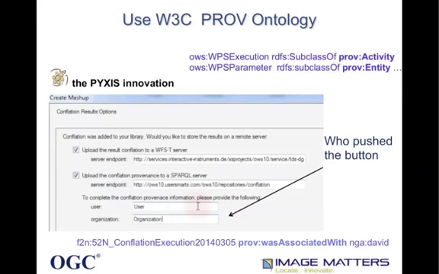We were able to reuse the Provenance Ontology and create our own conceptualizations that allow us to capture the provenance of a conflation process using elements from the Provenance Ontology. This was captured in RDF, or Resource Description Framework, and you can capture information about, for example, who pushed the button and all the other information that I showed before.